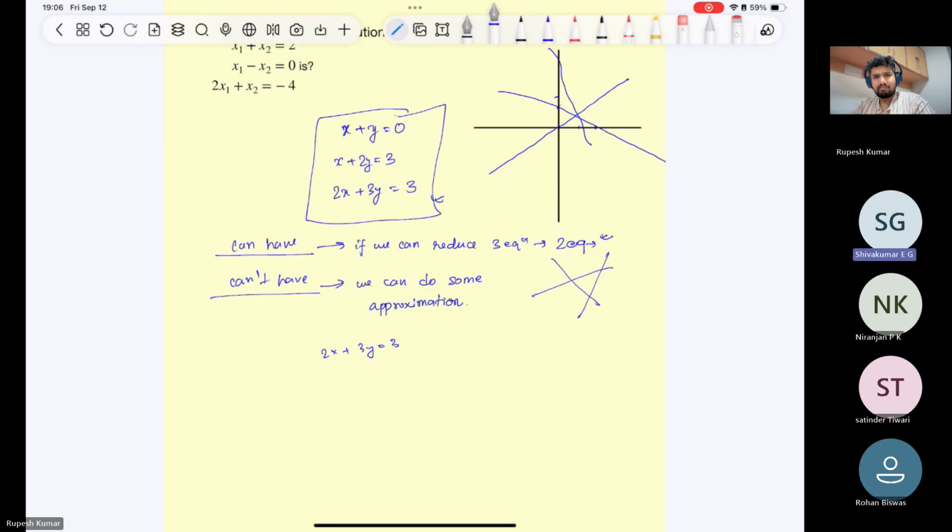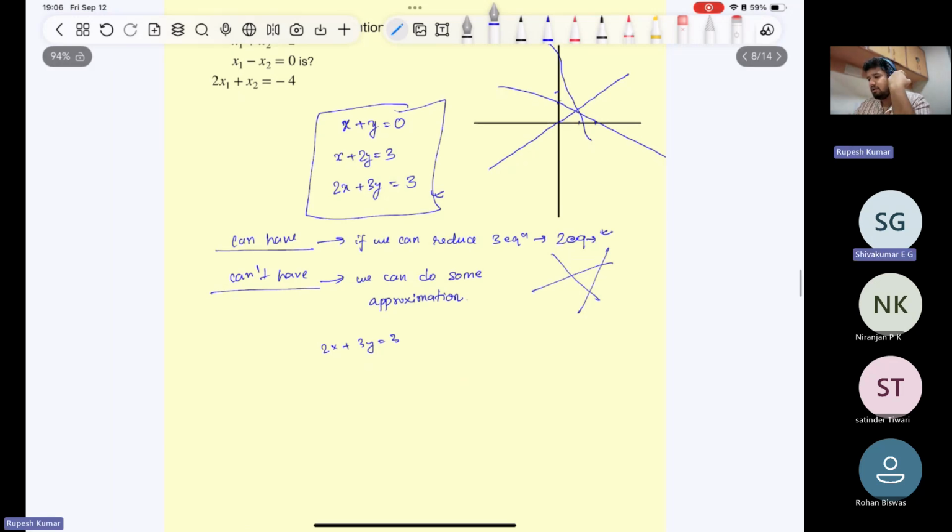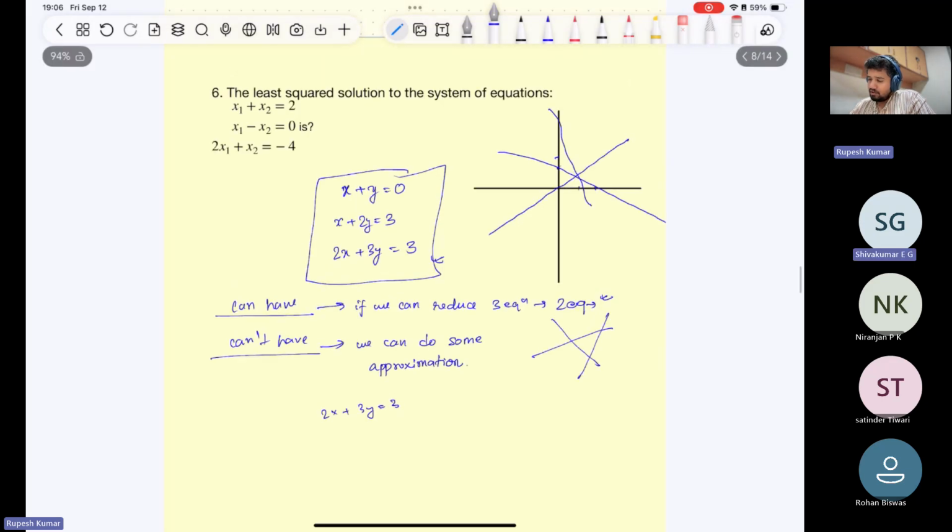Fine. So therefore, the first two equations are linearly independent. No need to take the third equation. Yeah, that's right. Basically, we are reducing from 3 equations to 2 equations. Fine. So this was the case where we can have a solution.